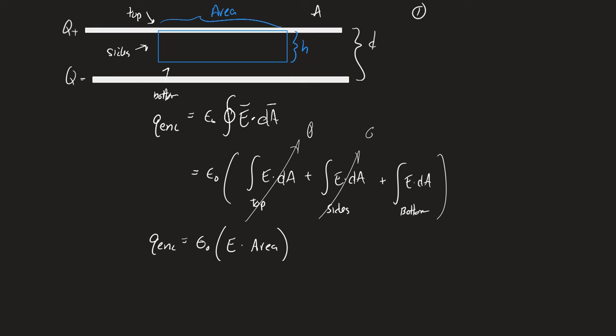Now, we need an expression for Q enclosed. That's how much charge is enclosed, and in this case, it's the amount of positive charge that's currently hanging out on the surface of the inner portion of the metal. Now, I don't know if you know how to come up with an expression for this, but it shouldn't be hard to realize what you have to do there.